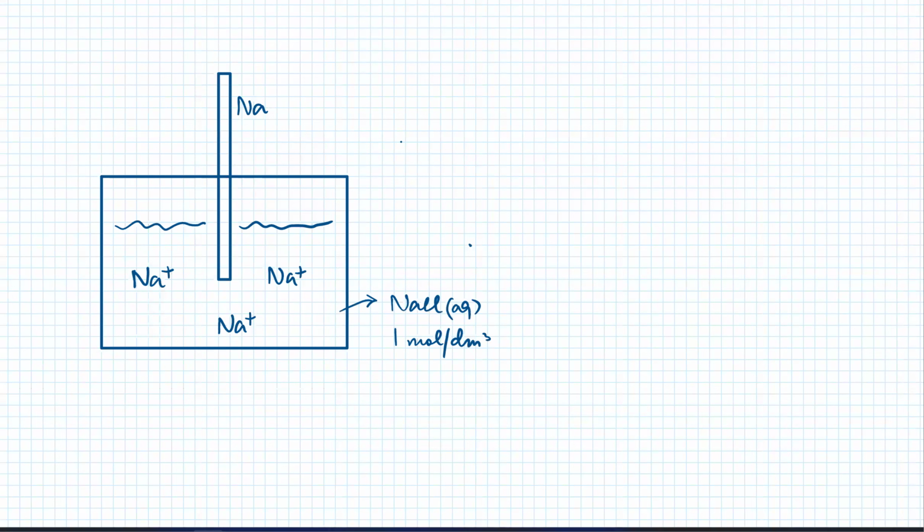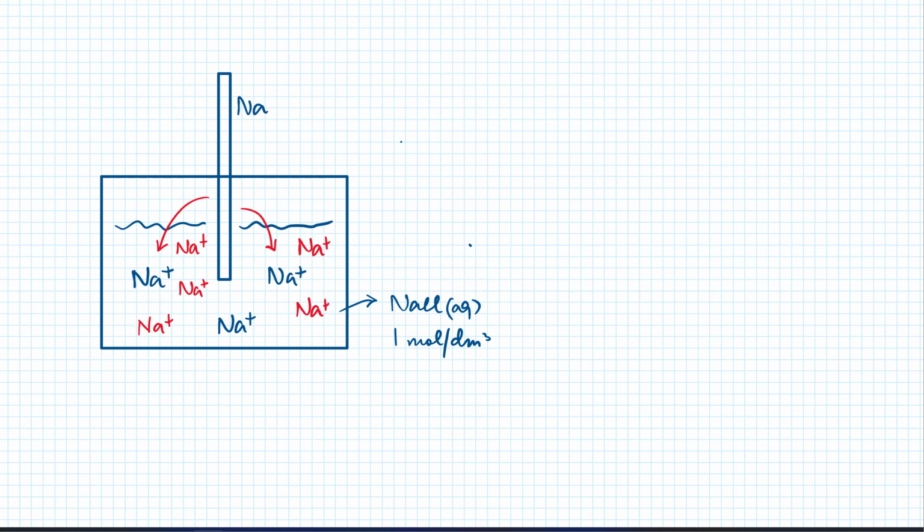We already know that sodium likes to lose electrons. So sodium will immediately start losing a lot of electrons, and it will start turning into ions. It will start to dissolve, right? So there's going to be a lot of sodium ions produced.